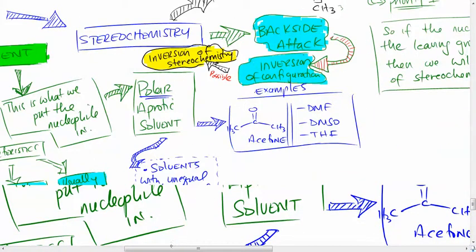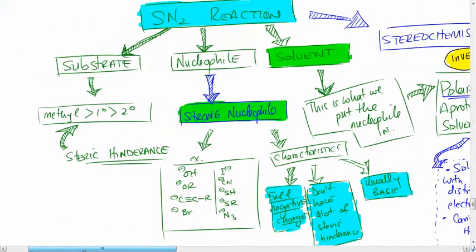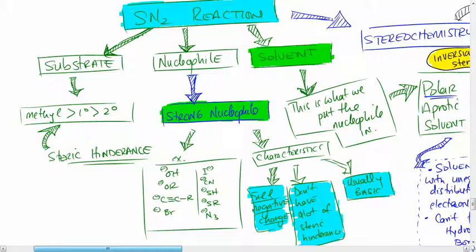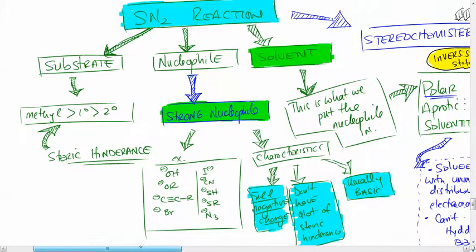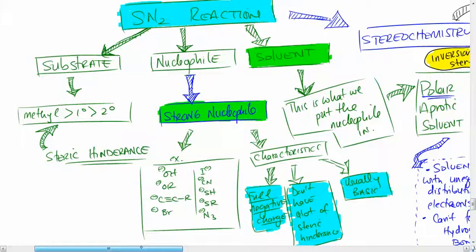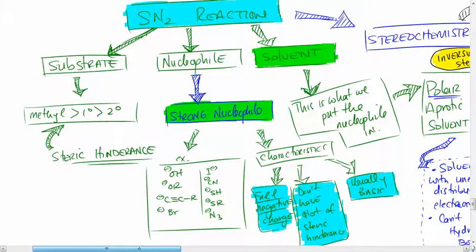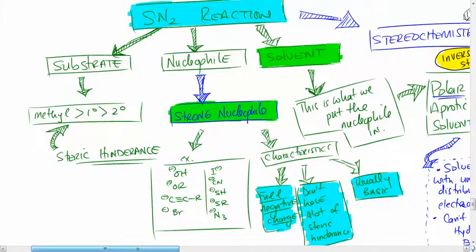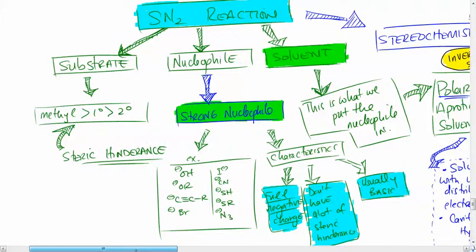Alright, so this is what we said about the SN2. In terms of substrates, we want methyl or primary; tertiary won't happen because there's too much steric hindrance. The rate of the SN2 reaction is dependent on the substrate and the nucleophile. That's why we have two on there. We don't want a lot of steric hindrance because the mechanism is concerted, so we don't want a lot of crowding.